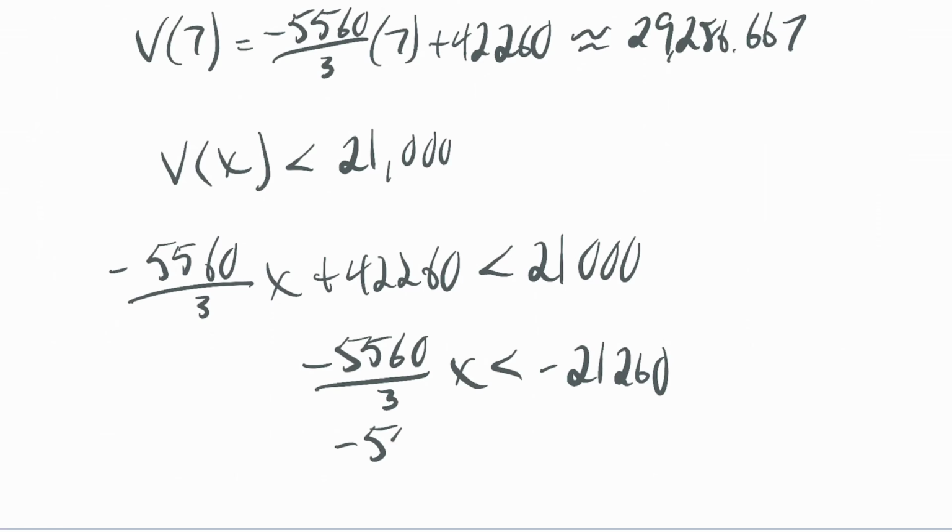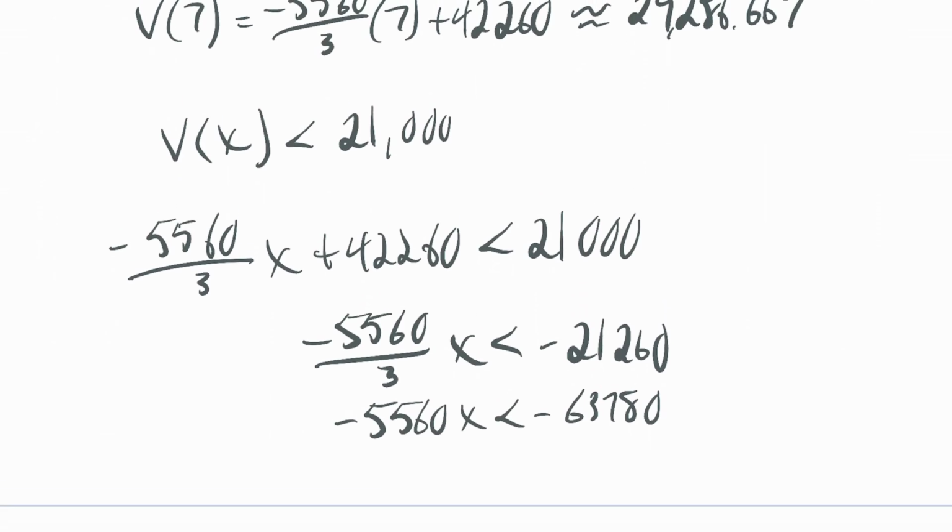So negative 5560 x is less than, if I multiply by 3 on both sides, negative 63,780. Then I need to divide by negative 5560 on both sides. When you divide an inequality by a negative, you switch the order of the inequality. So x is greater than negative 63,780 over negative 5560.